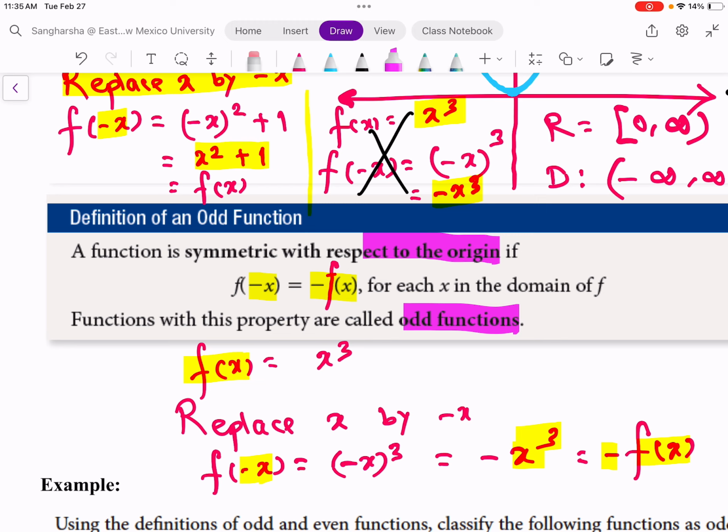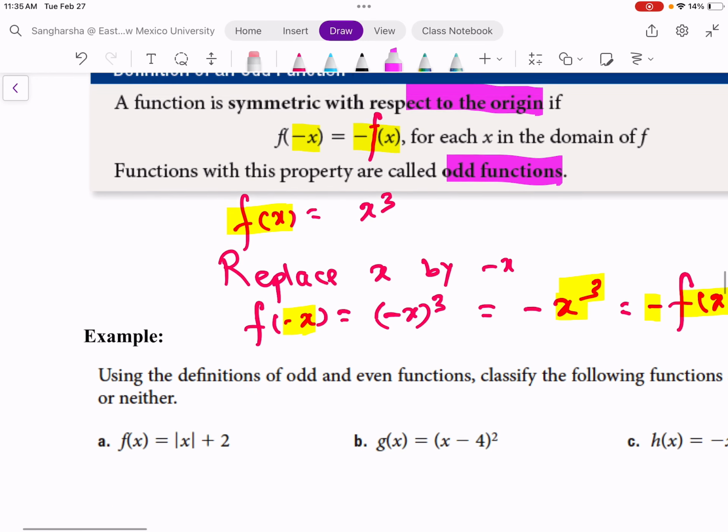You just need to replace x by negative x every time. If you are asked to check whether it's an even or odd function, one very common step is to replace x by negative x. If you get the same function, your function is even. If you get the negative of the original function, then your function is odd. And sometimes the function may be neither even nor odd.